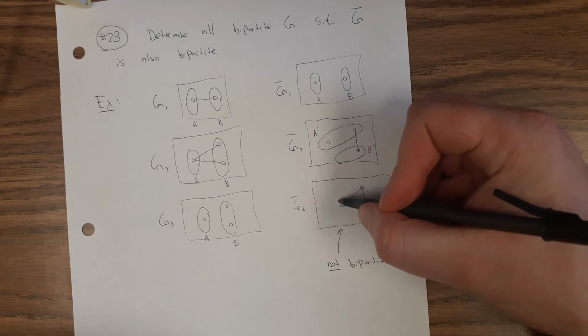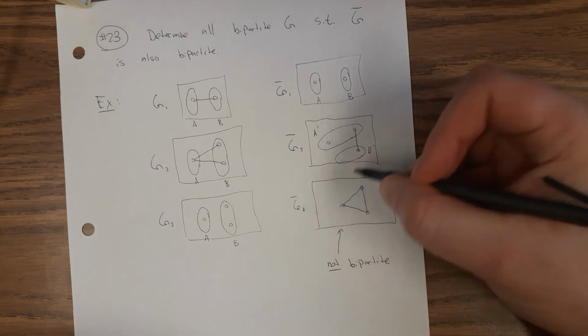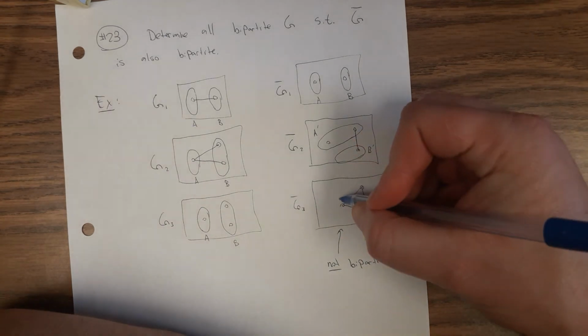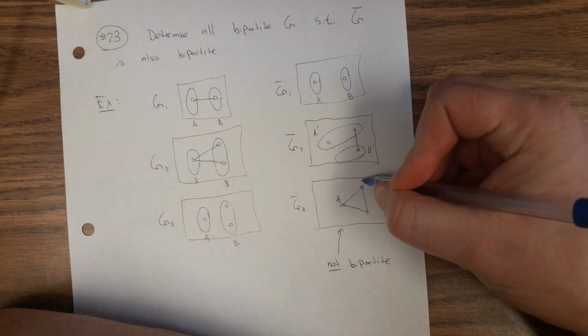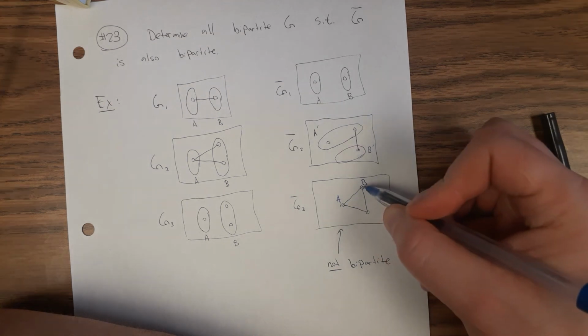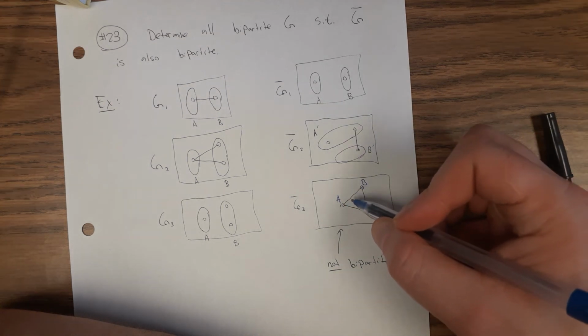So maybe this one could be in A and this one could be in B. But however it is, they would have to be in opposite sets. One's in A and the other's in B.